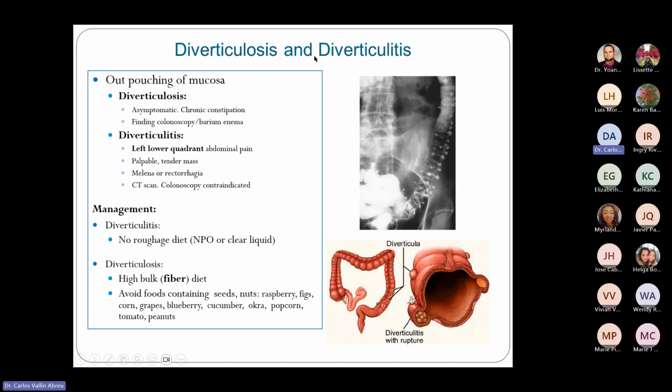The majority of the time, diverticulitis is treated with antibiotics. After several days with antibiotics and a clear liquid diet and no fiber diet, the diverticulitis is cured, and of course, the client is left with his or her chronic diverticulosis.